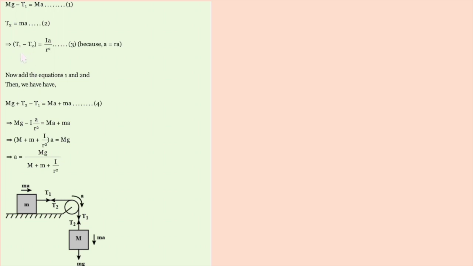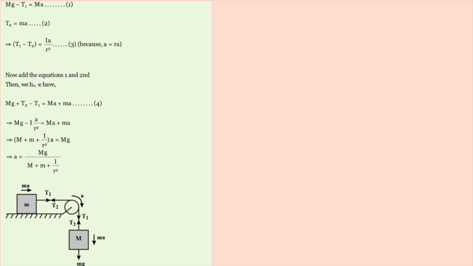The acceleration is in the direction toward T1, so T1 becomes positive and T2 becomes negative. It becomes T1 minus T2, which is equal to I alpha, and since alpha is a by R, we get Ia by R square. If you want to know more about this, then please do comment in the comment section.